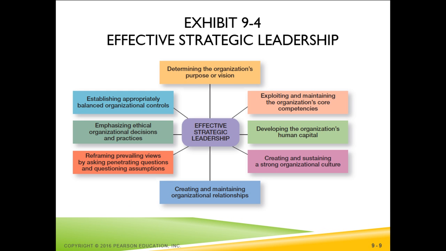These dimensions include determining the organizational purpose or vision, exploiting and maintaining the organization's core competencies, developing the organization's human capital, creating and sustaining a strong organizational culture, creating and maintaining organizational relationships, reframing prevailing views by asking penetrating questions and questioning assumptions, emphasizing ethical organizational decisions and practices, and establishing appropriate balanced organizational controls. Each dimension encompasses an important part of the strategic management process.